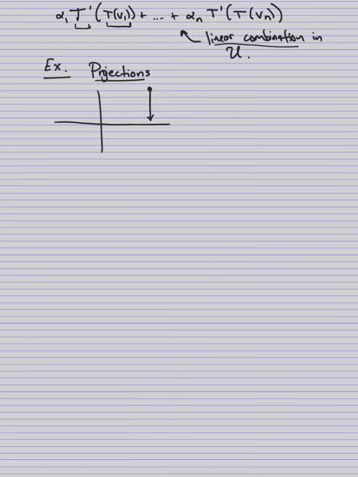So I can send any point (x, y) to (x, 0), just writing it out in column vectors. You might say, well, I could have just sent this from R2 to R, sending (x, y) to x.